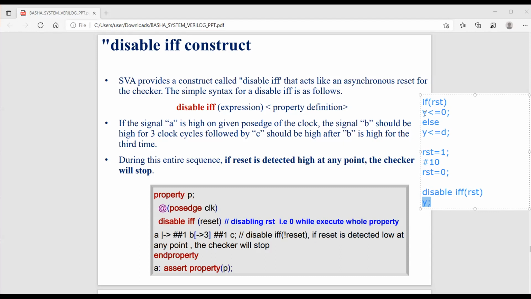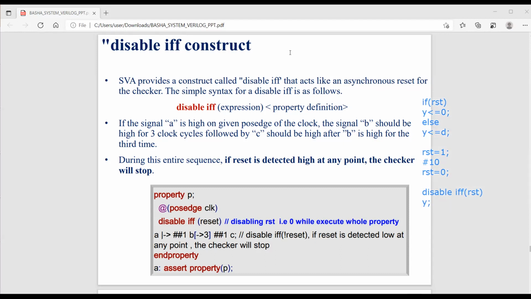It will not immediately make y go to 0, because here you have mentioned disable iff. So when your reset becomes high, it is disabled, and your output will not be affected by that. You can monitor the y value continuously even if your reset becomes high by using this disable iff construct.